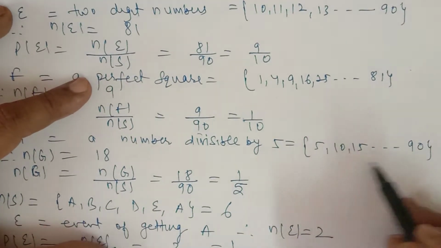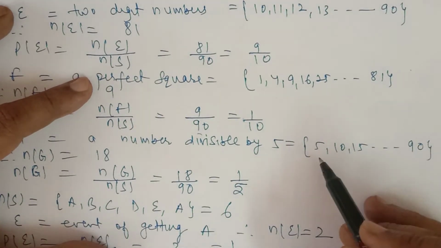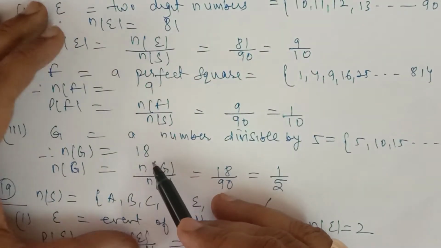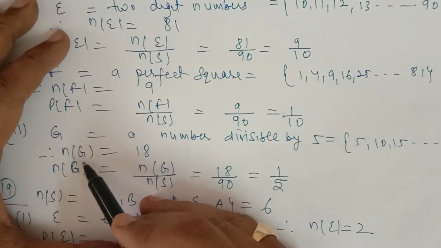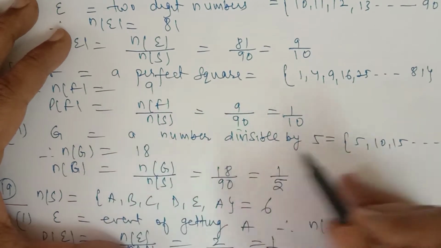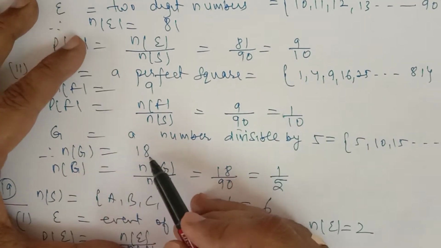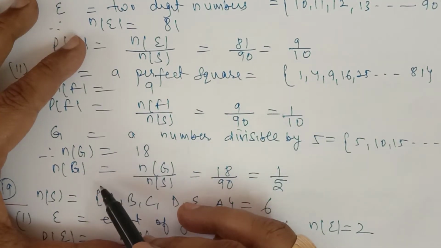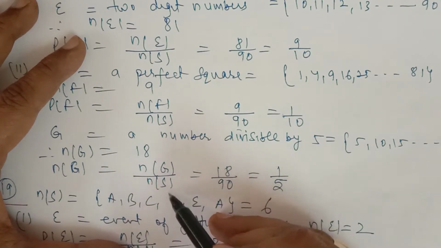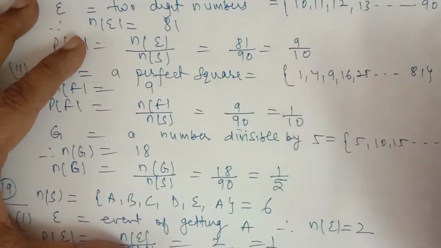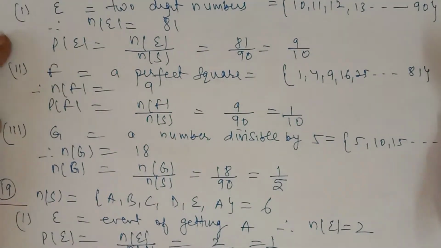You can take your own time to count them. So I have taken G as the event that it is divisible by 5. So NG will be equal to 18 and the probability of this event is NG upon NS, which is 18 upon 90. This is question number 18, third part.